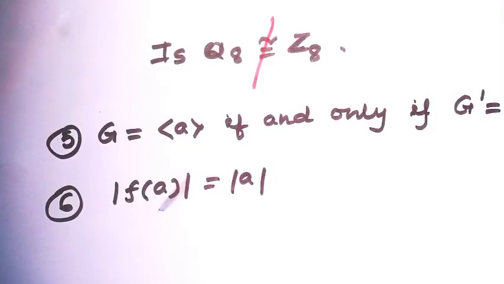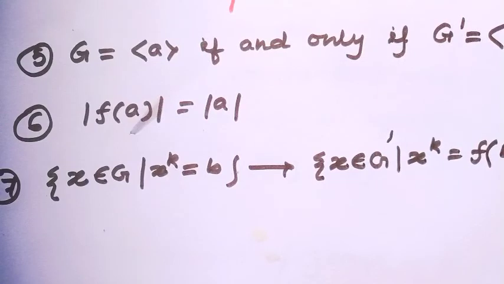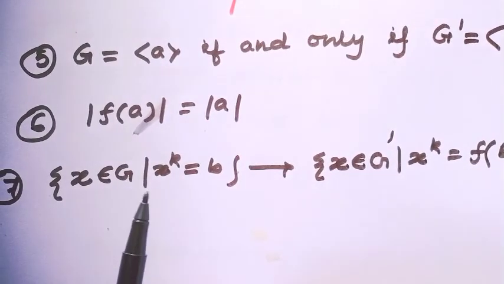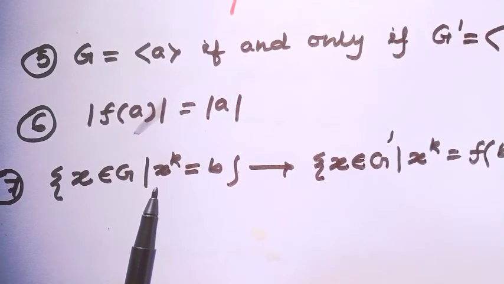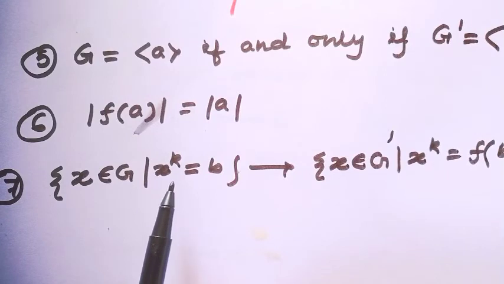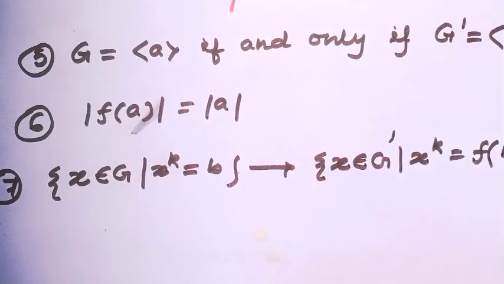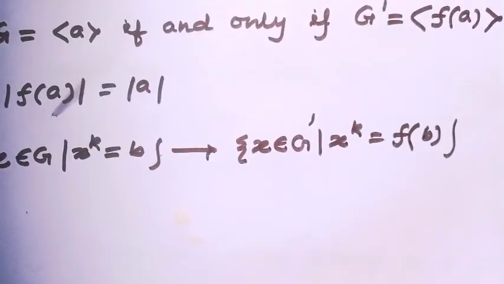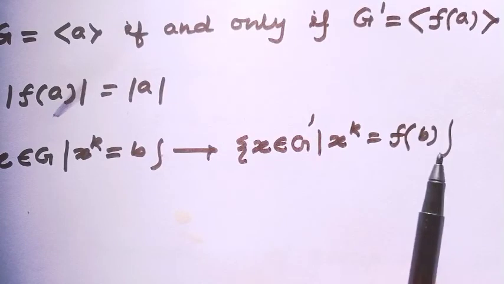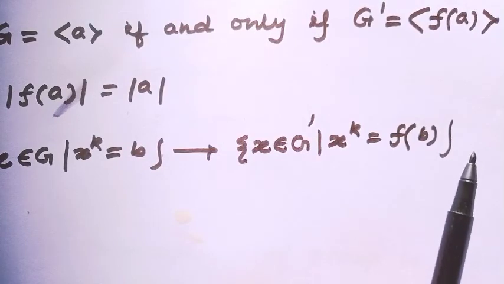The sixth property I have seen before: in isomorphism, the order of an element is always invariant. And the seventh property is, if I have any equation which is solvable in G, and b is a kth root in G, then f of b would be a kth root in G prime.